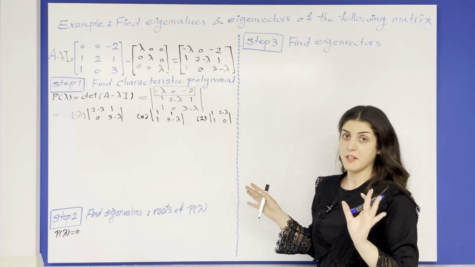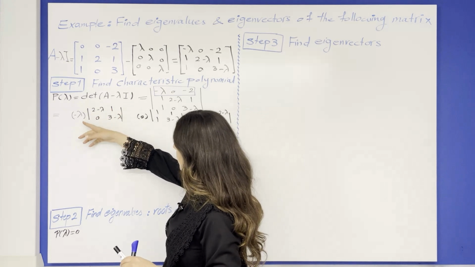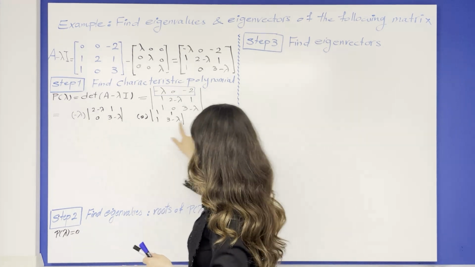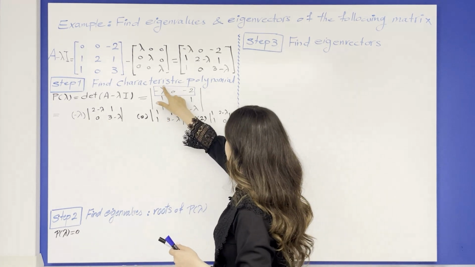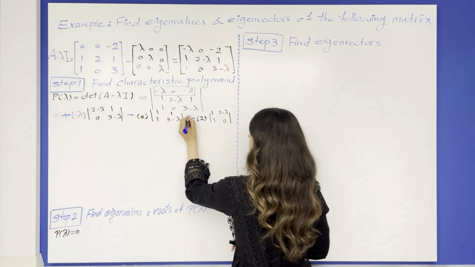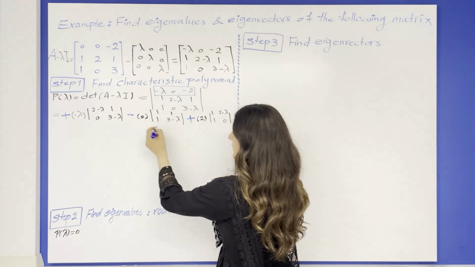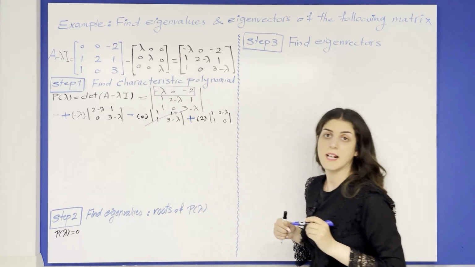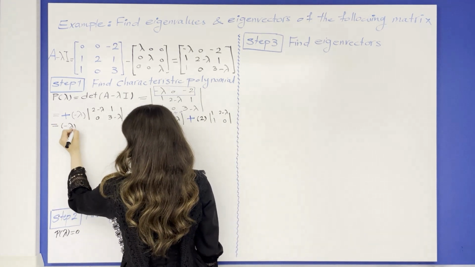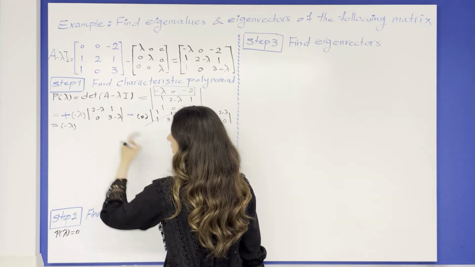Okay, we are not finished yet. When you're writing the cofactor expansion, we have to put some signs here. If you follow the checkerboard, this is going to be plus, minus, plus. So I put plus, minus, plus, and then I calculate this. The second term has 0 times whatever it is, so I ignore it. Now I have negative lambda times the determinant of a 2x2 matrix, which is the product of the diagonal entries minus the product of the off-diagonal entries.